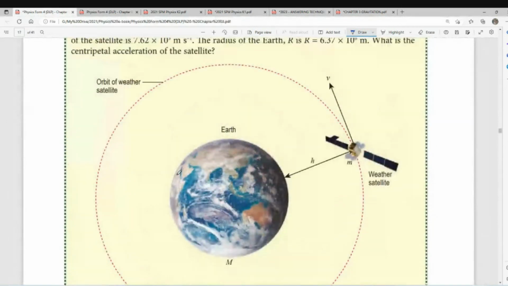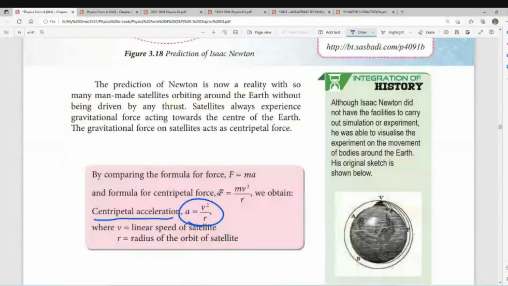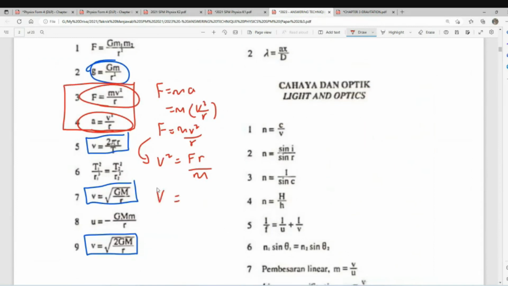It's used for calculating the linear speed. From this formula, we rearrange it, and you have v squared equals Fr over m. Therefore v equals the square root of Fr over m.